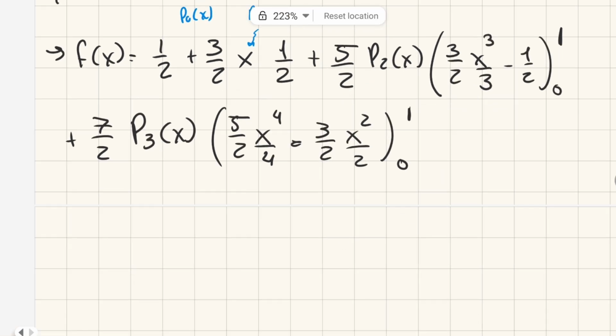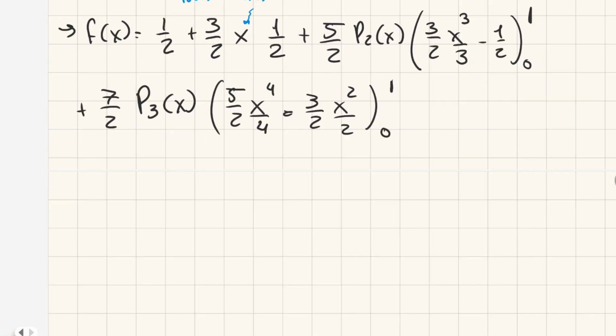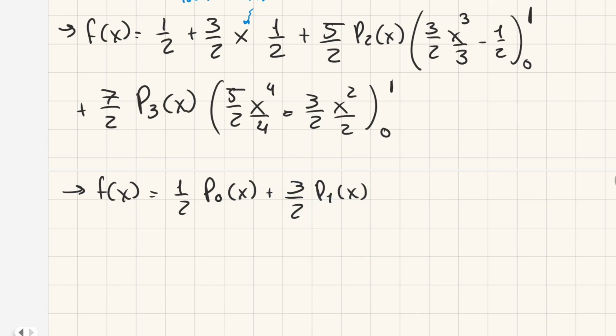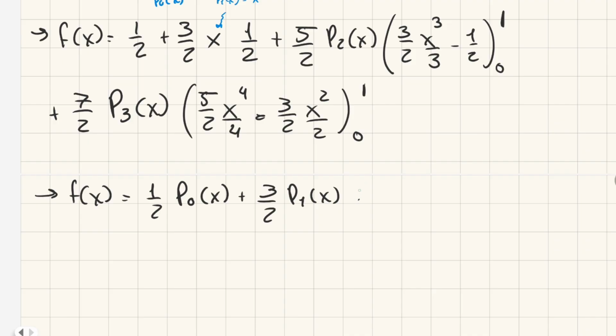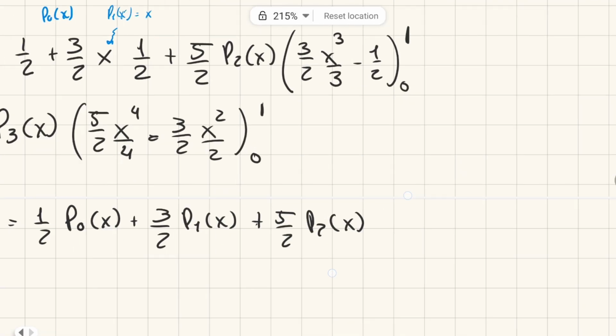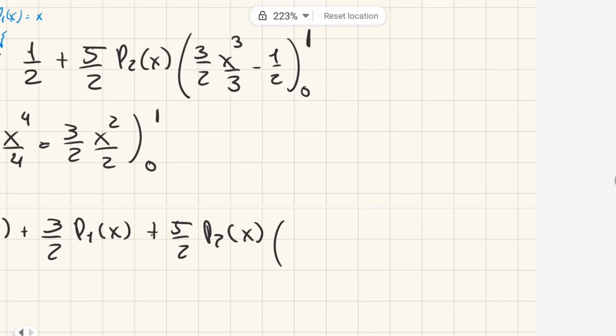So we are going to rewrite f of x in terms of those Legendre polynomials. So f of x is equal to 1/2 p sub 0 of x plus 3 divided by 2 p sub 1 of x, and then it will be plus 5 divided by 2 p sub 2 of x, and then this is going to multiply. We can cancel these 3's. 1 divided by 2 minus 1 divided by 2, right?